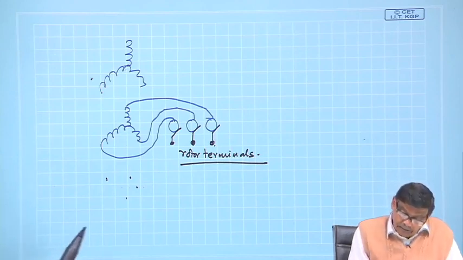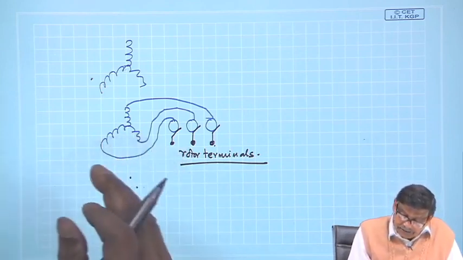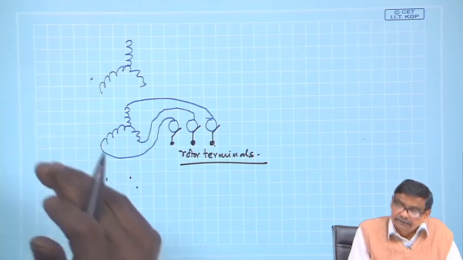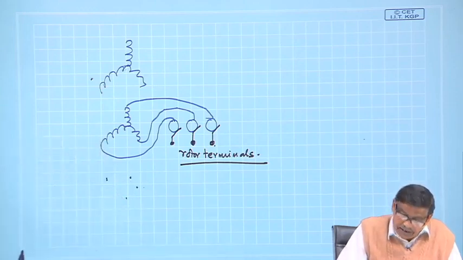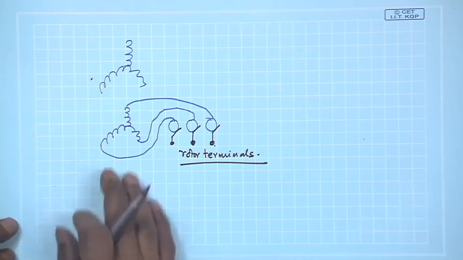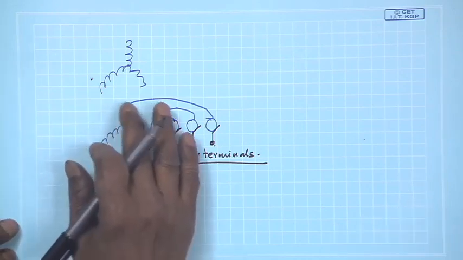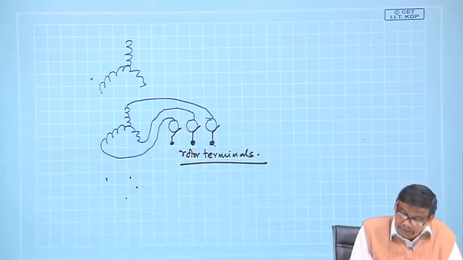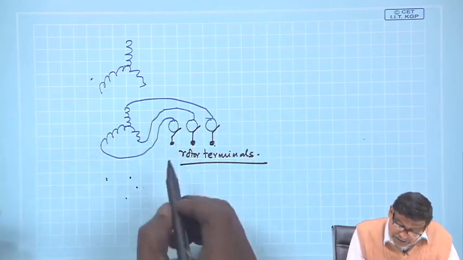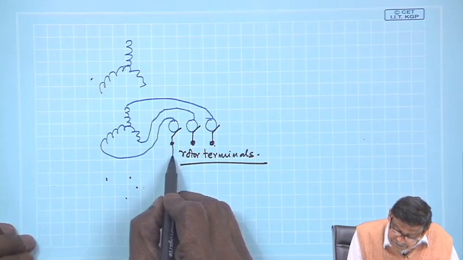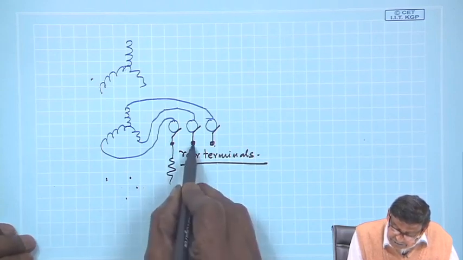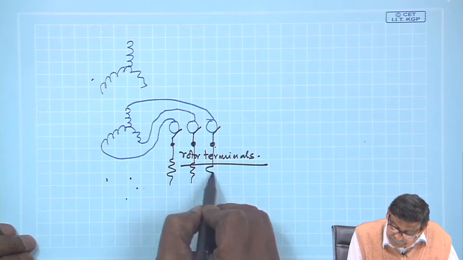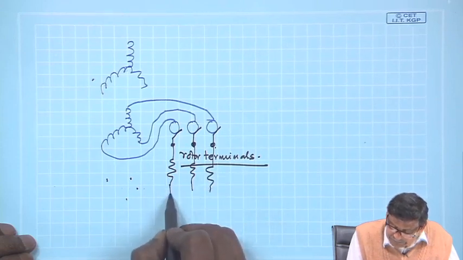Understood. So, the rotor windings are just like the stator 3 phase balanced winding, maybe with a different number of turns, but that is a different issue, and its terminals are available through slip rings and brushes. And then external resistance can be connected.